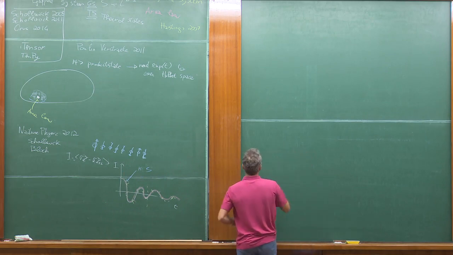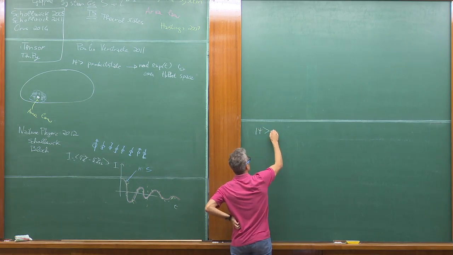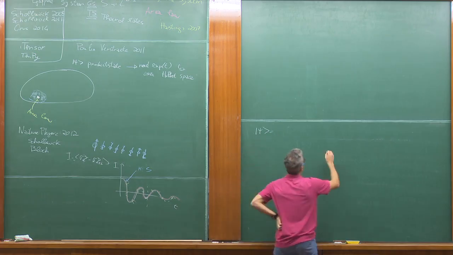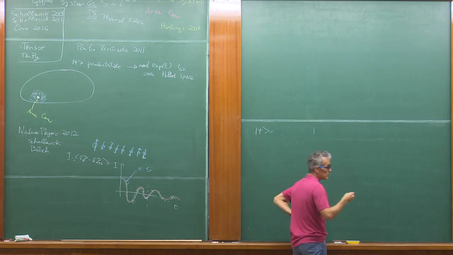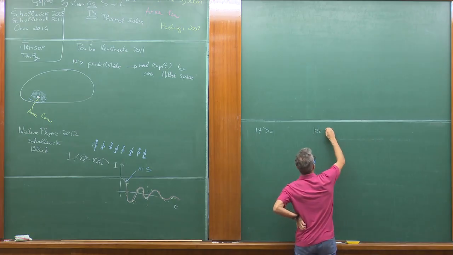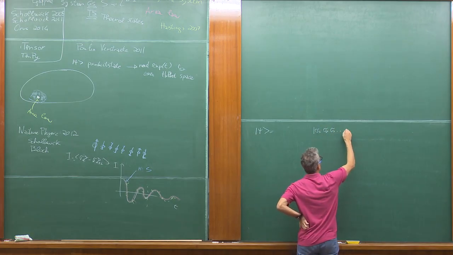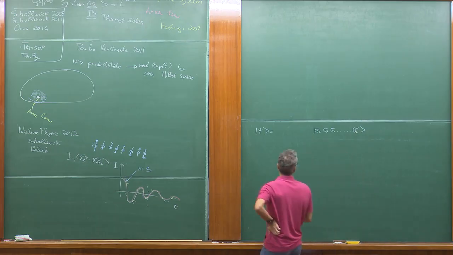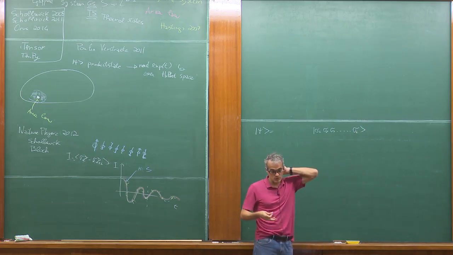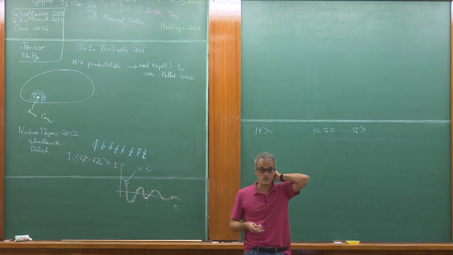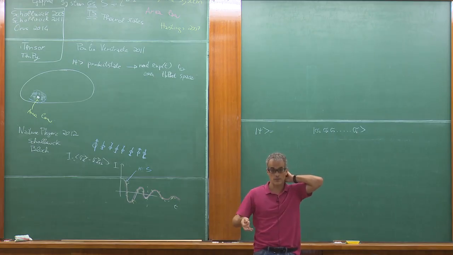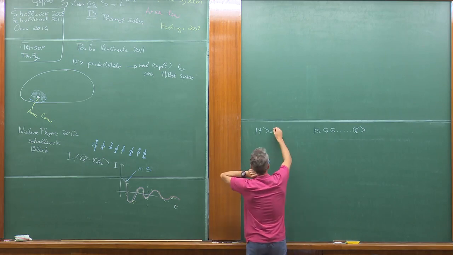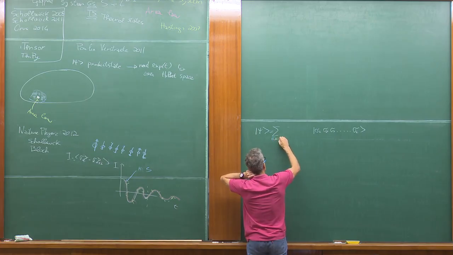Let's say a wave function psi, and I want to describe it in some basis of local spins. So I have sigma 1, sigma 2, sigma 3, all the way to sigma L. This is a basis; you can choose whatever you want. In this case, sigma will take values 0 or 1, if I do spin halves, for example. Now my state in general will be written as a sum over all of these possible sigmas.